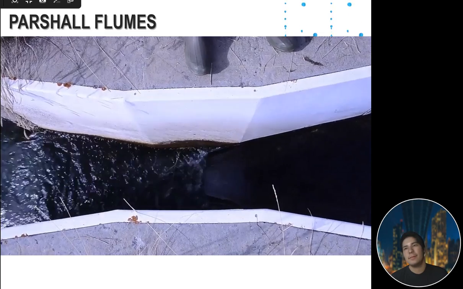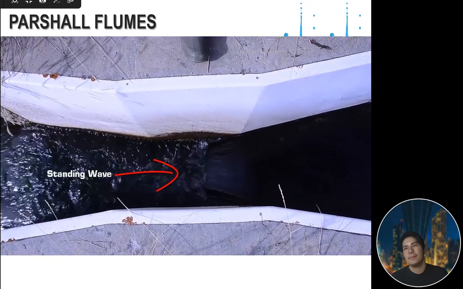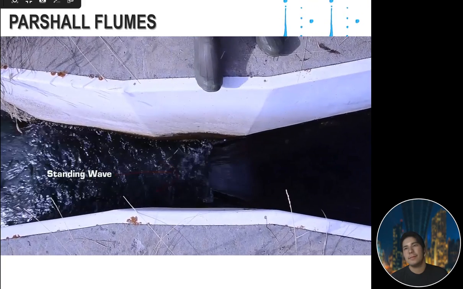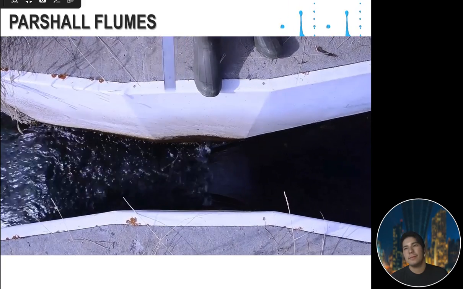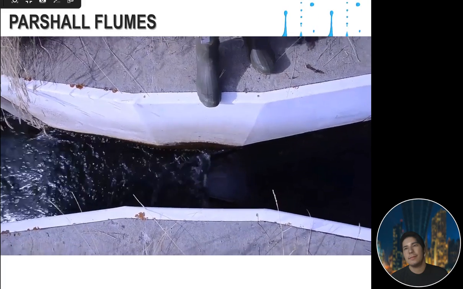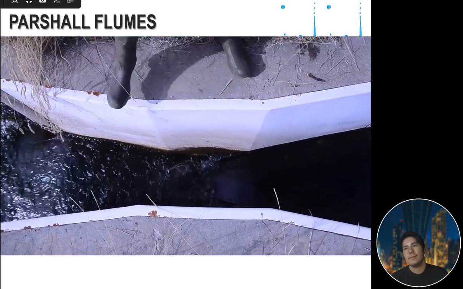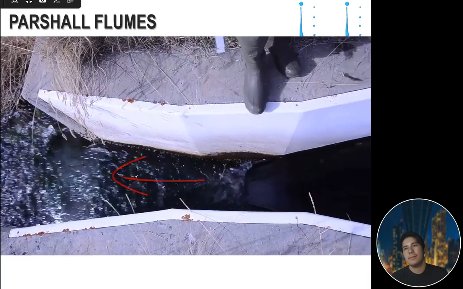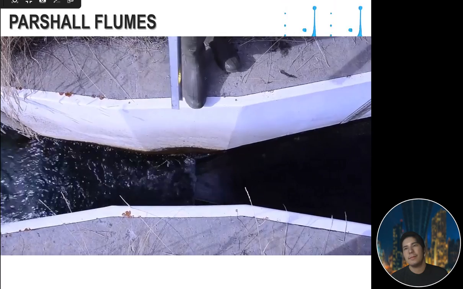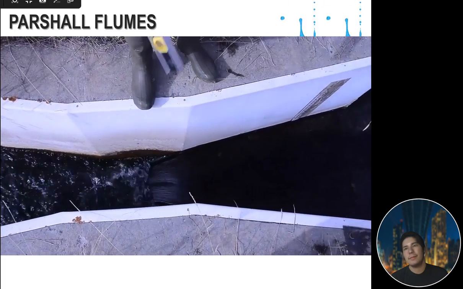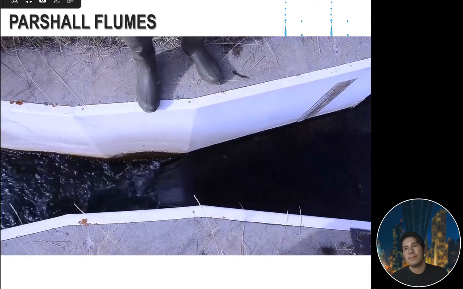If you have a standing wave, like we're looking at right here in the throat, a frothy wave across the channel, that's an indication that you are in a free flow condition. Ideally, you would like that standing wave to be somewhere below that throat section, but in this case, it still looks like it's in free flow. As that wave migrates up flume, it'll start to submerge the flume, and at that point, you will no longer be in a free flow condition.